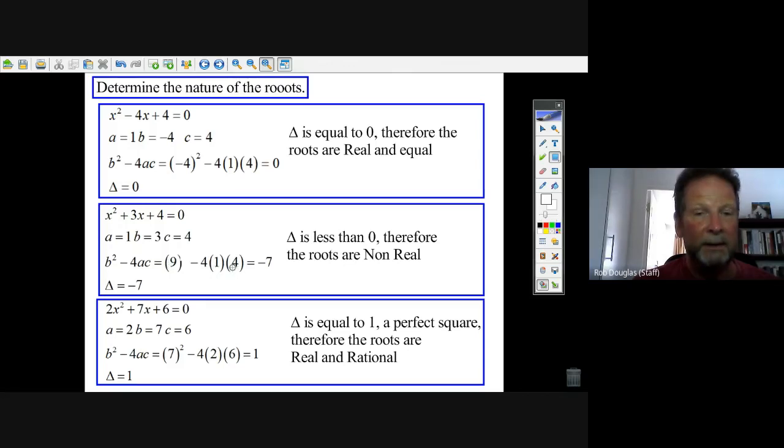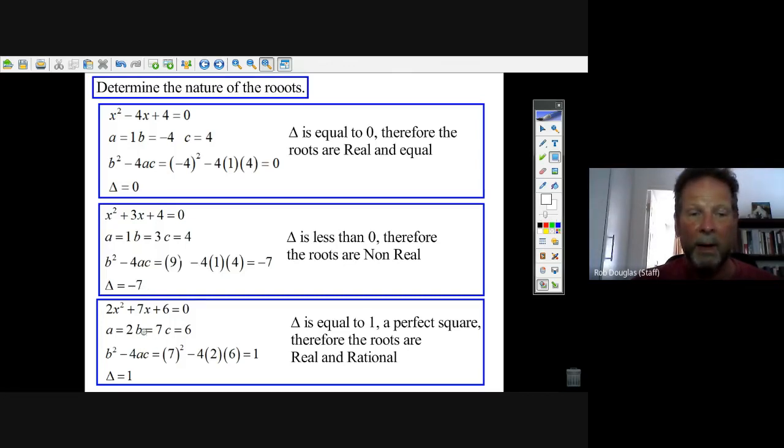There were a couple of mistakes in here, so we had to fix that up. That's 9 minus 16. That's a negative number. Now, when you take the square root of a negative number, on your calculator it says error. The roots are non-real.